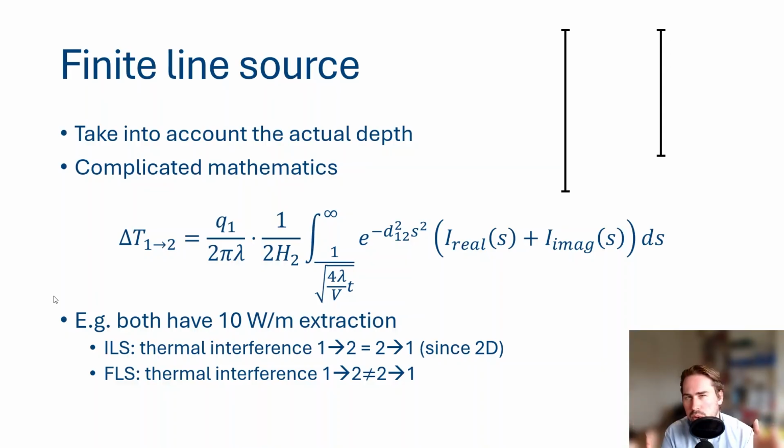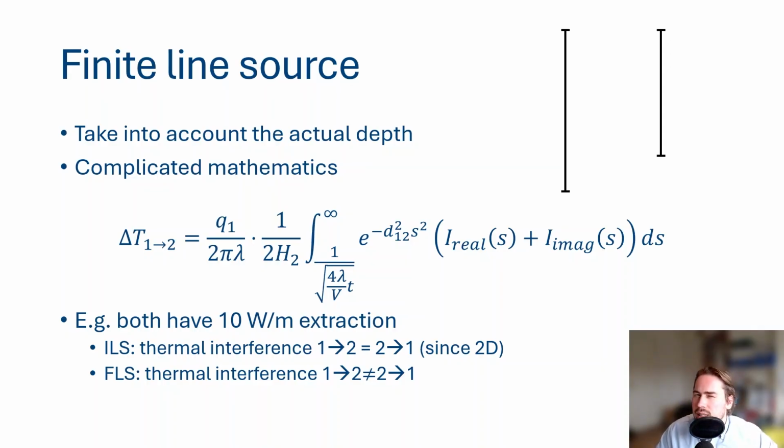Imagine both boreholes have the same specific heat extraction of 10 watts per meter. Now in our case for our infinite line source, where we had our 2D assumption, basically the thermal interference from borehole 1 to borehole 2 is the same as borehole 2 to borehole 1, because they have the same specific heat extraction.